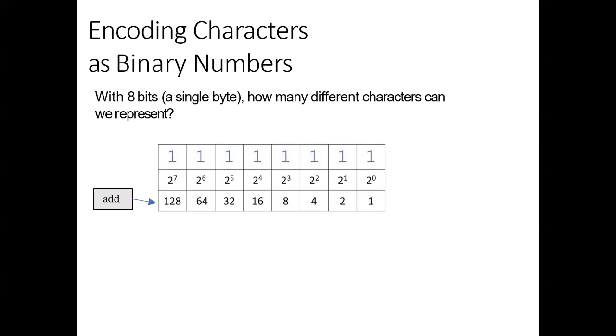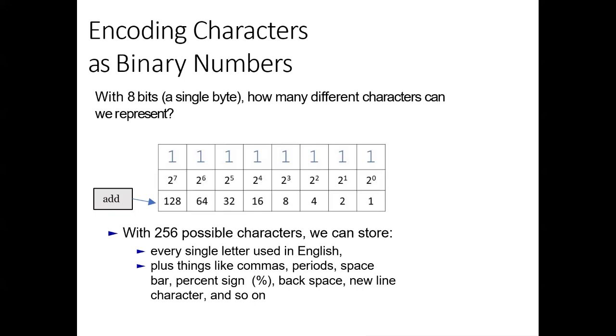Well, if you did the calculations there, remembered how the binary numbering system works, you would come up with a total of 256 characters. Now, think about this for a second. If you have a byte with the maximum number, which would be 8 ones in a row, that's equivalent to the number 255, written 255 in the decimal system.